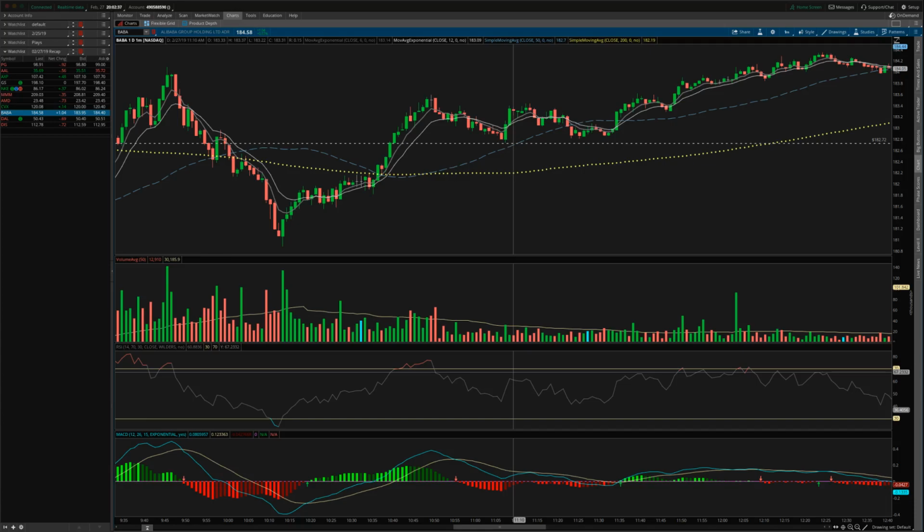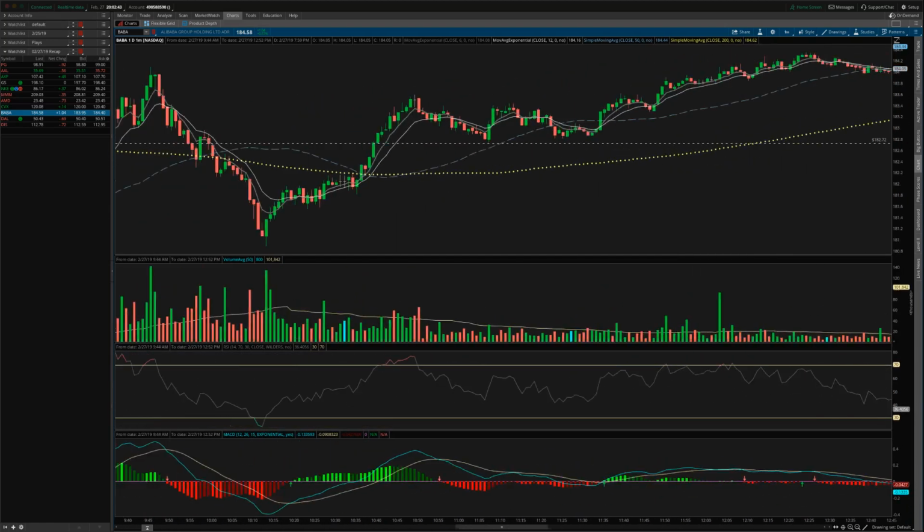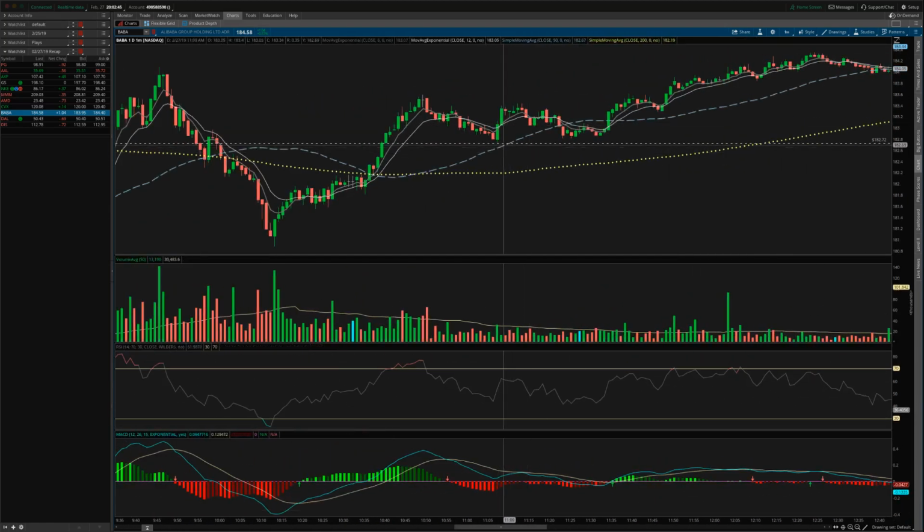Why? Because you let your winners run, and you cut your losers short as soon as you see it go in the opposite direction. If you see it go in the opposite direction, again, apply the rules of how close am I to that next line of support?